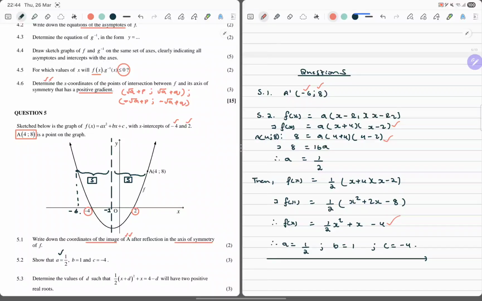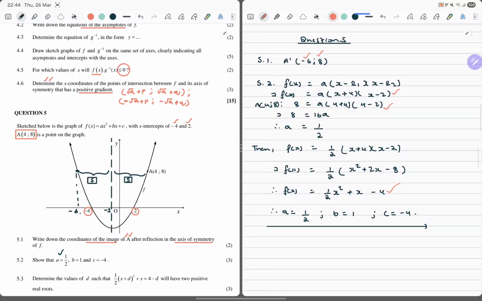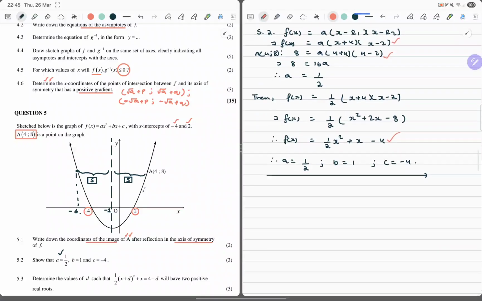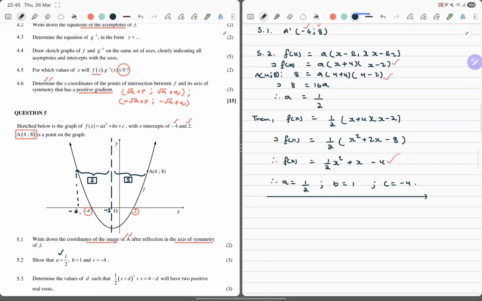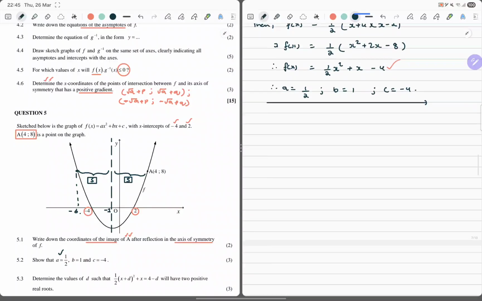And then writing the equation in the expanded form or working it to that extent. That's where we get the 3 marks. We're not going to get a mark for each individual A, B, C, because we're already told what they are. We just have to show that they indeed are so. Right, so that's 5.1. Sorry, 5.2.